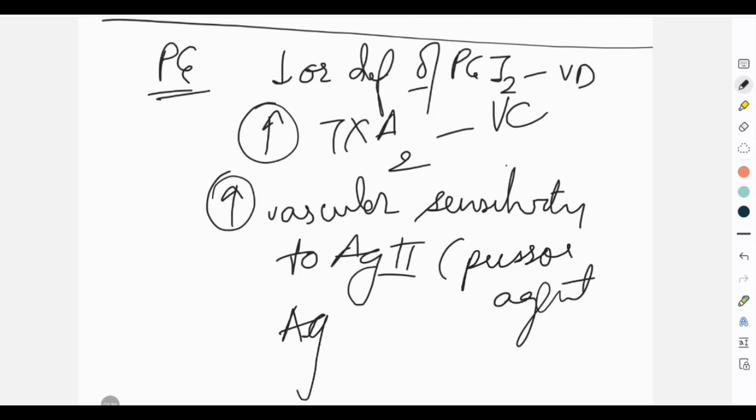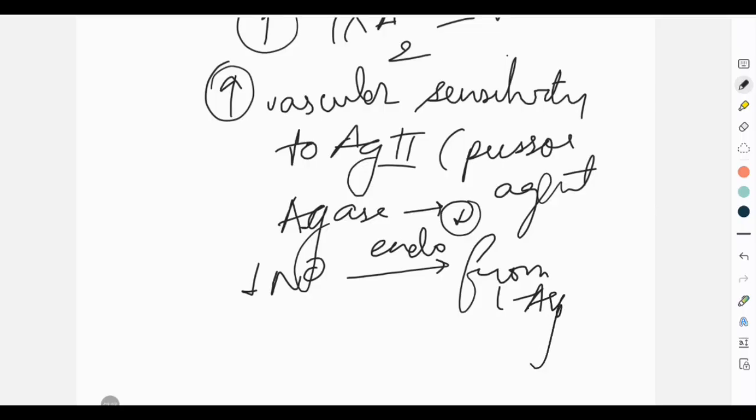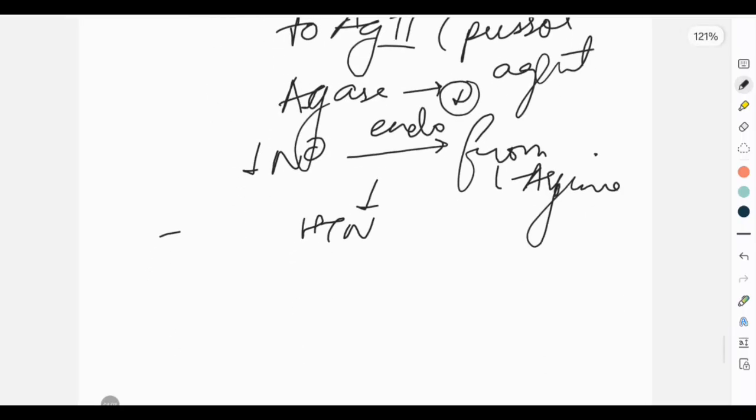Angiotensinase activity is decreased. There is a decrease in nitric oxide. How is it synthesized? It is synthesized from vascular endothelium from L-arginine. So in short, if decreased, it causes hypertension.